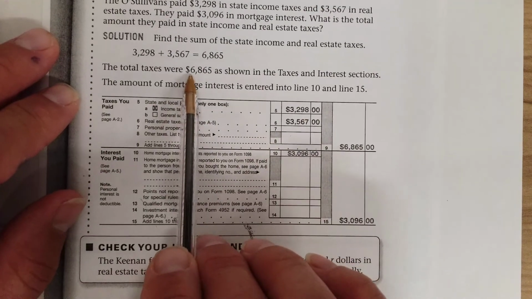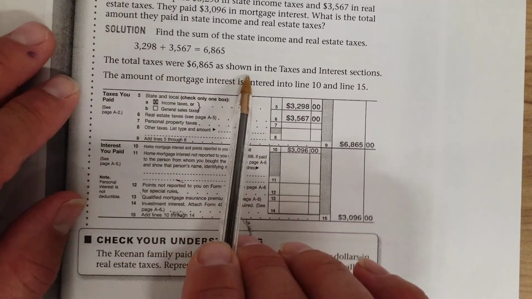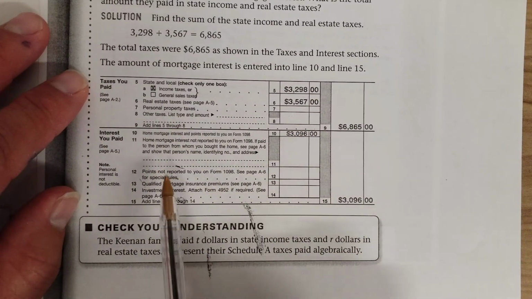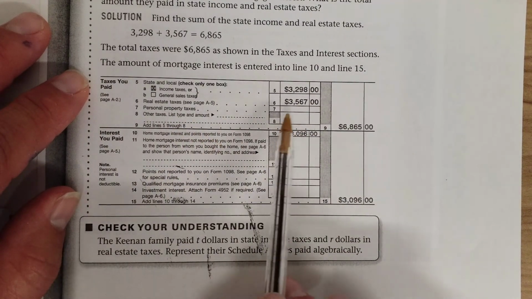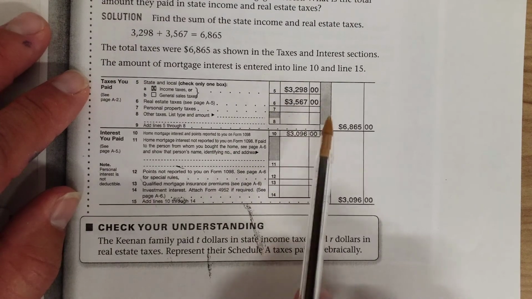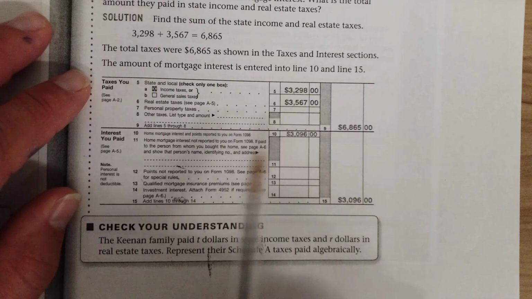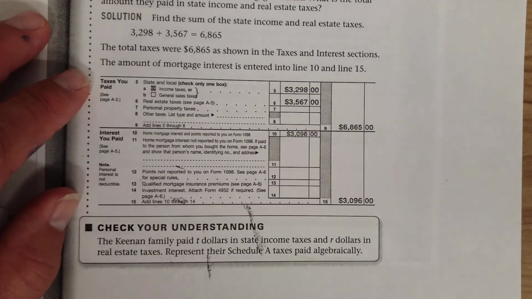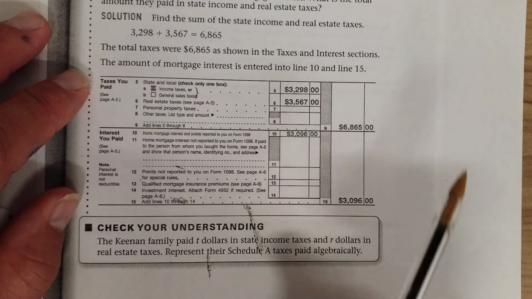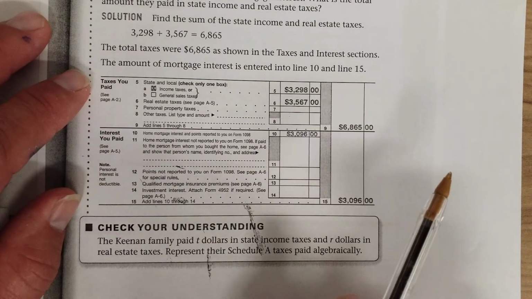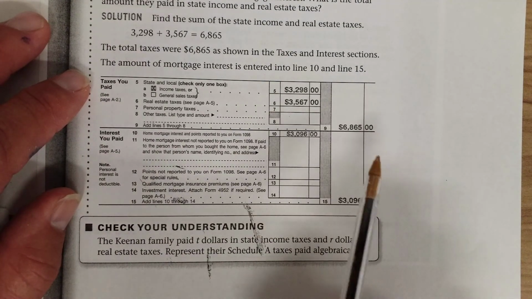The total taxes are shown in the taxes and interest section. So this is back to the 1040. You can see the state taxes that they paid, real estate taxes that they paid, and then also, if you purchase a home and you are making monthly mortgage payments, part of that payment goes to the interest that you're paying on that loan.